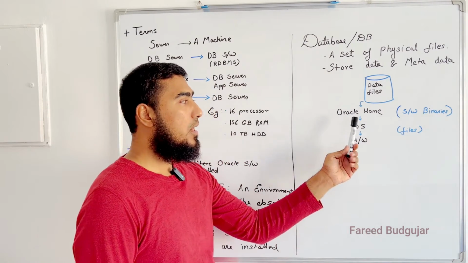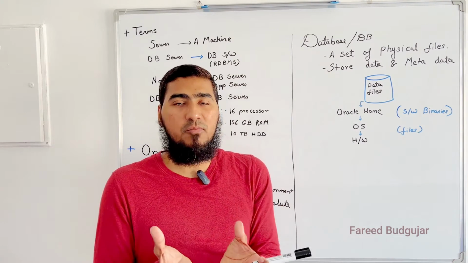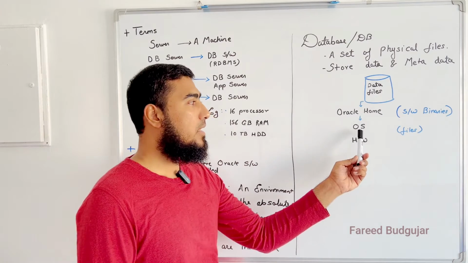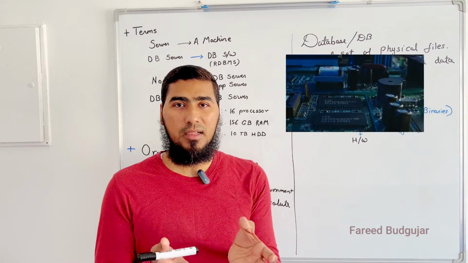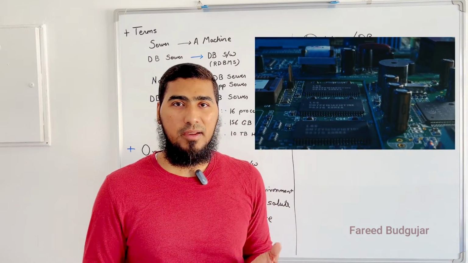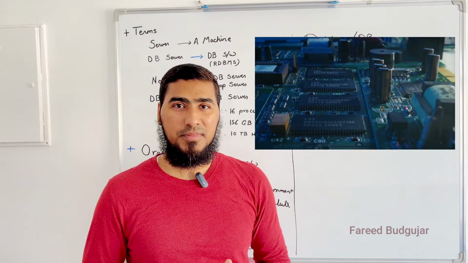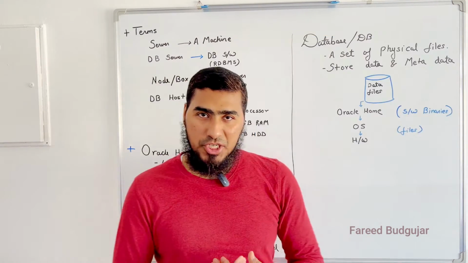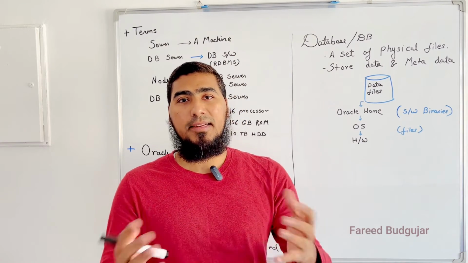Then under that is the operating system, again a collection of programs and files. Then under that you have hardware with the kernel, and hardware is where your disk, RAM, everything is physical. Alright, in the next session we will understand what is Oracle instance and the other terminology.